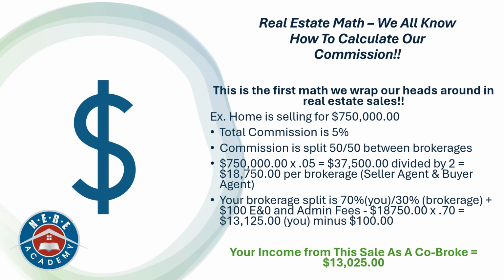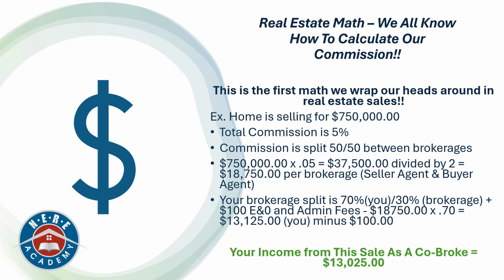Let's say you work for one of the brokerages and your split with your broker is 70% that goes to you, 30% that goes to the brokerage, and there's also an additional fee of $100 for errors and omission insurance and admin fees. How are we going to figure that out? Well, you're simply going to take that $18,750 times 0.70, which represents your commission split, and that's going to give you $13,125.